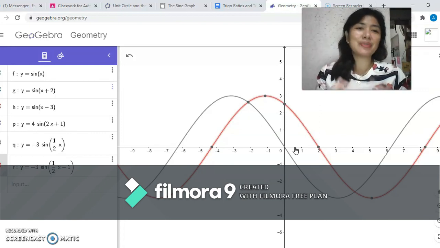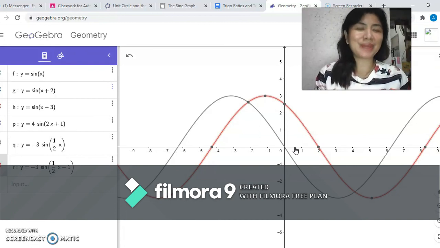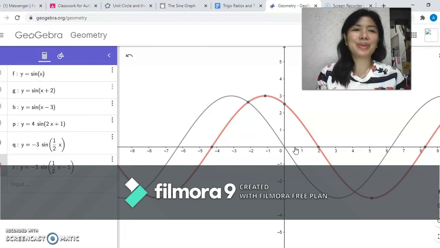Each coefficient quantifies the height, the width of the sine wave, and the shift, the positioning of the graph in the Cartesian plane. So there's really a meaning behind those numbers in the equation.